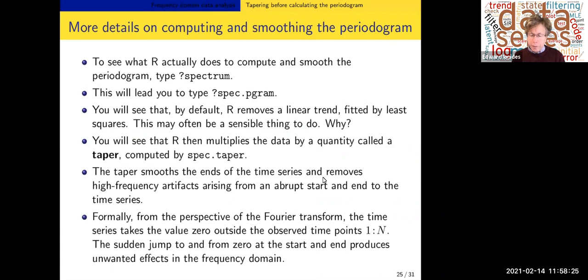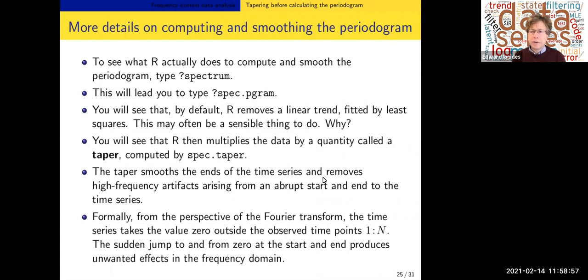Okay, so what is a taper and why does R do it? The taper smooths the ends of the time series, and this turns out to be useful because it removes high frequency artifacts arising from abrupt start and end to the time series. So essentially the math assumes the time series is 0 outside the measured interval. And so at the edges of the interval, it's going straight from 0 to whatever value it is.